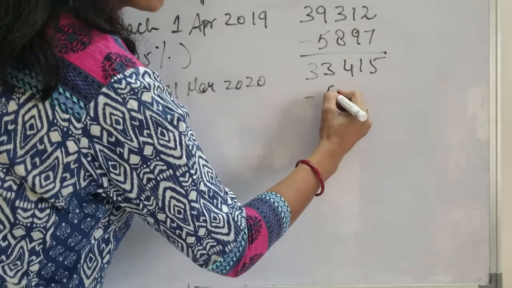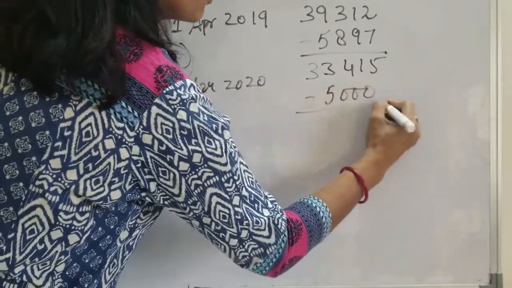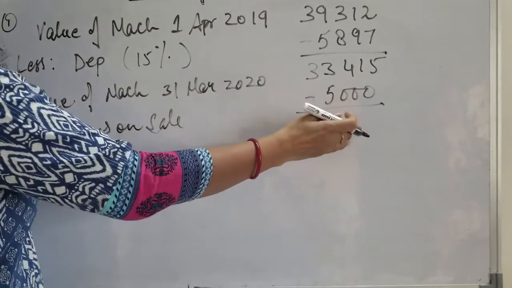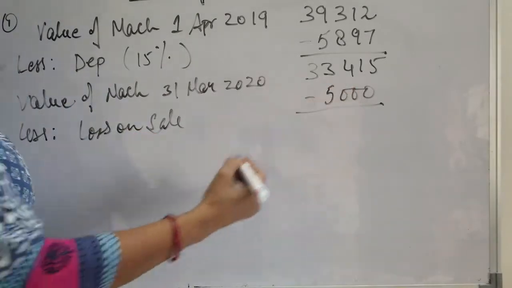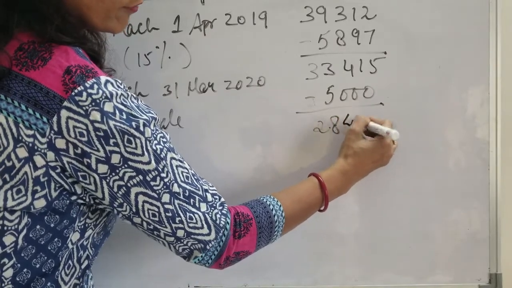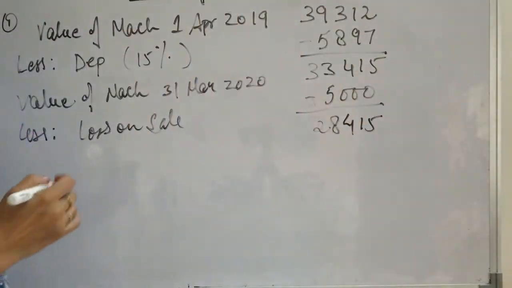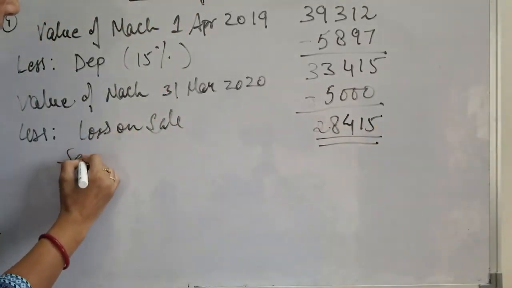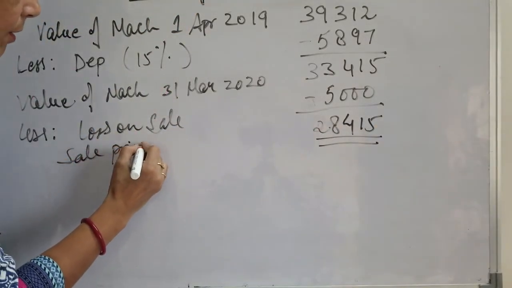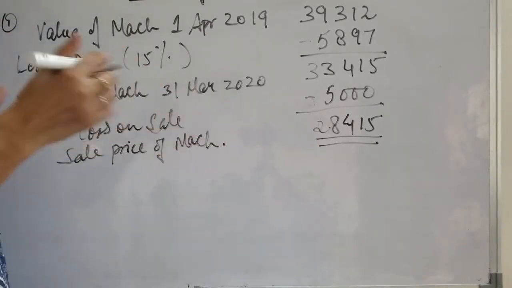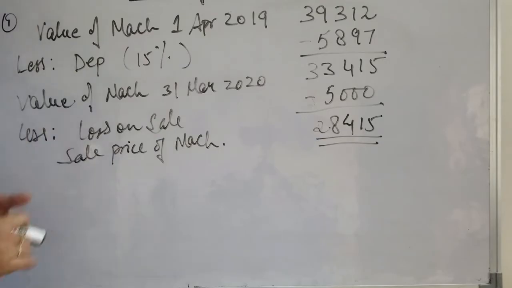And now this is clearly given in the question that machinery was sold at a loss of 5,000. So that 5,000 will be deducted from this amount to know the sale price of the machinery. So the sale price of the machinery is 28,415, right? Now let's put all these amounts in our account.